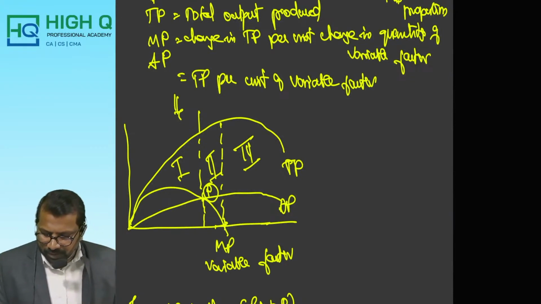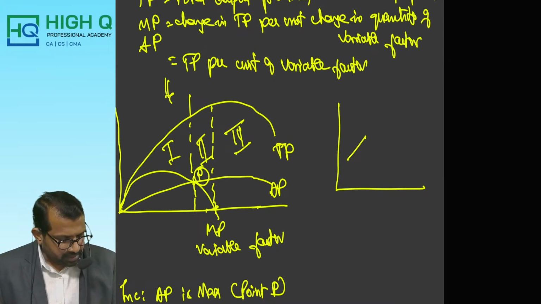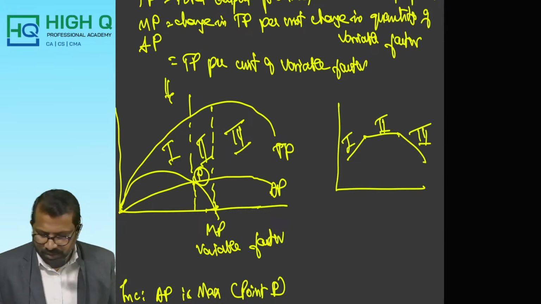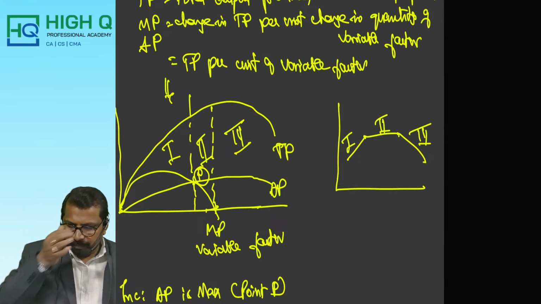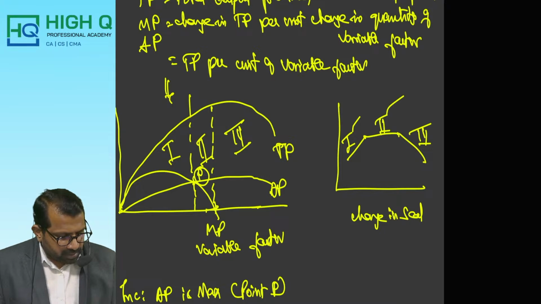In the law of returns to scale, there are stage 1, stage 2, stage 3. Here the change is in scale: scale 1, scale 2, scale 3.